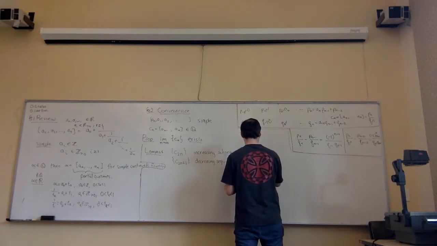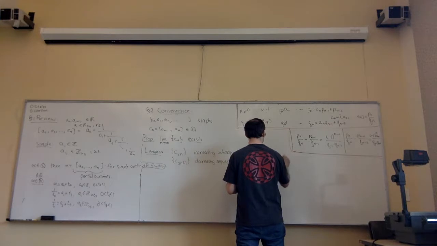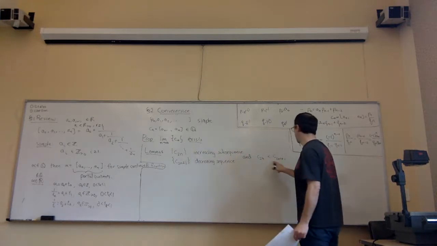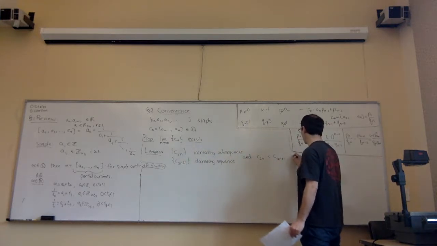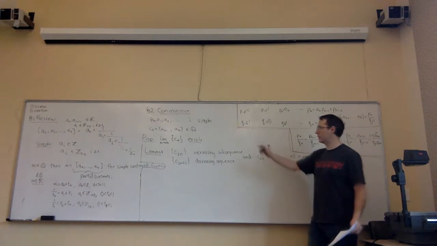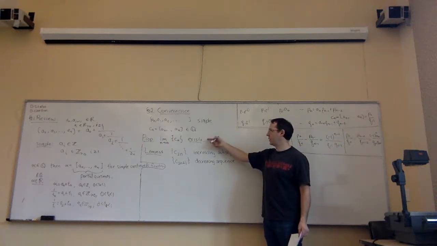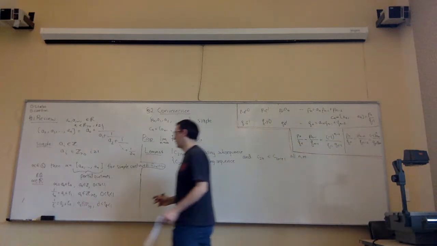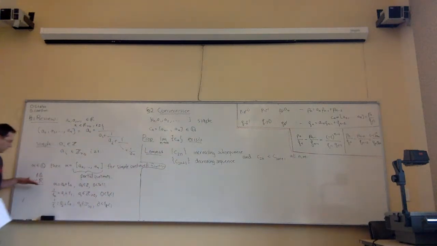So, all the even ones, every single one, is less than any of the odd ones. So c2n is less than c2m plus 1 for all n and m. Okay, let's prove this. Then it will be really easy to see that this limit exists. Once we have that, it'll be fairly easy, again, to see that alpha is the limit of that continued fraction.